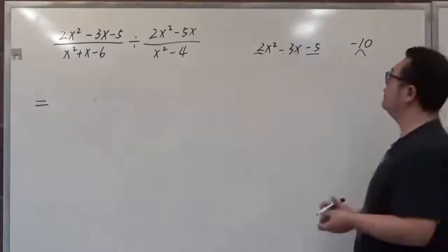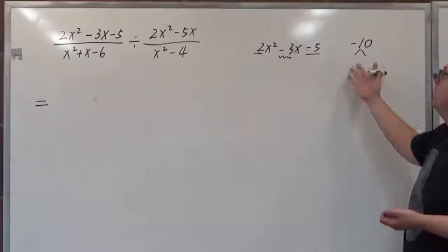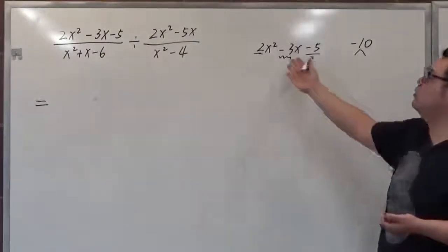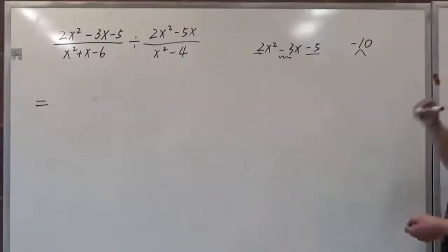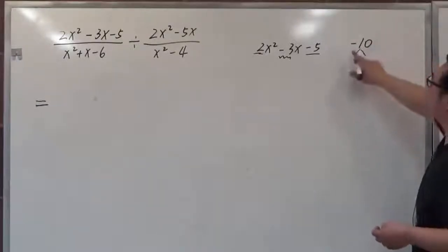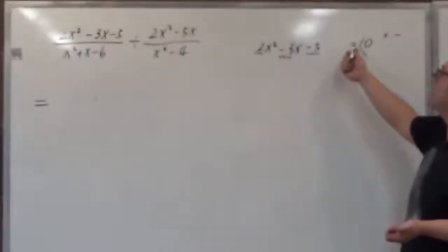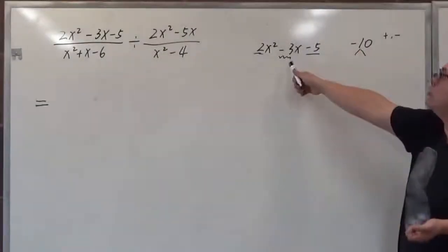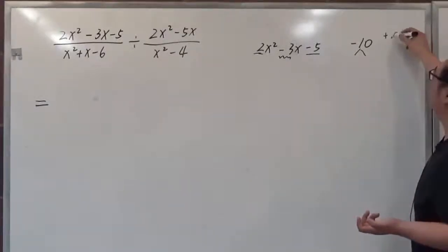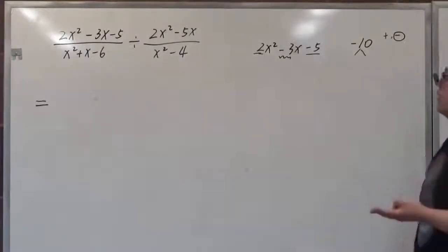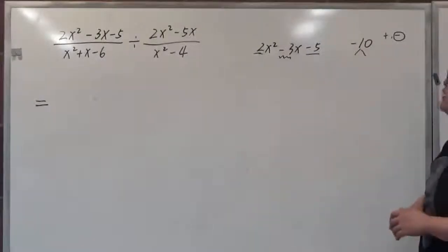Then we try to find the factors of negative 10. The purpose is to find factors that combine to negative 3, in other words the coefficient of x. Before we do that, the factors should be one positive and one negative, since the product is a negative number. Also, the sum of the two numbers is negative. If we keep the larger factor as a negative number, then the sum will be negative.